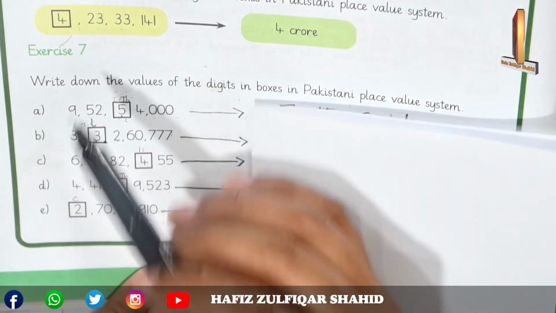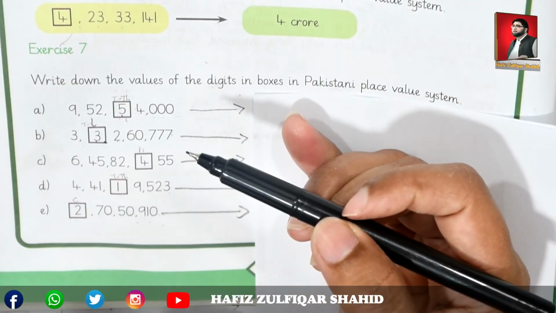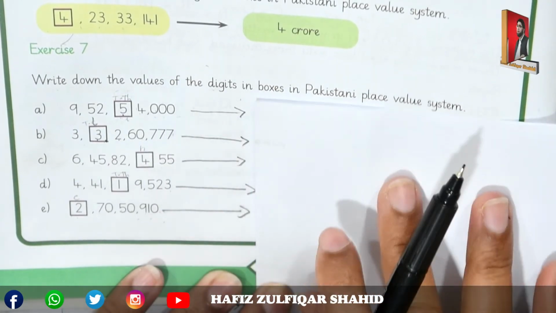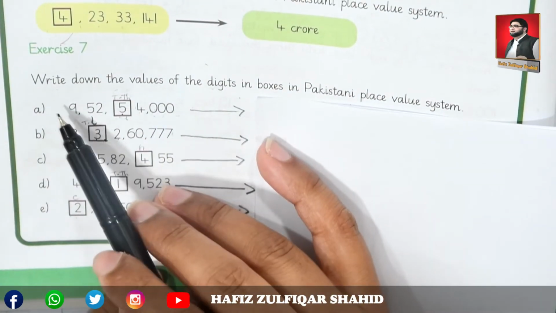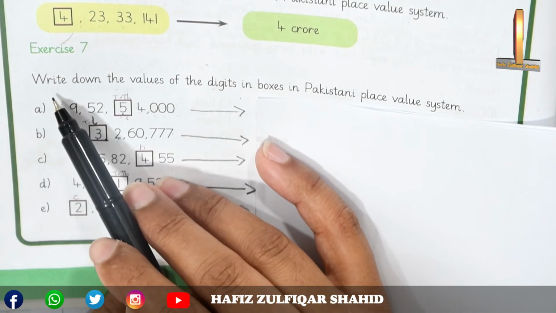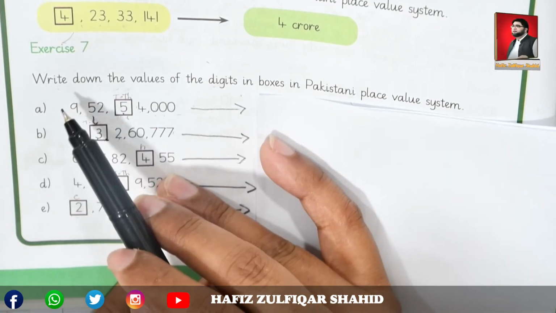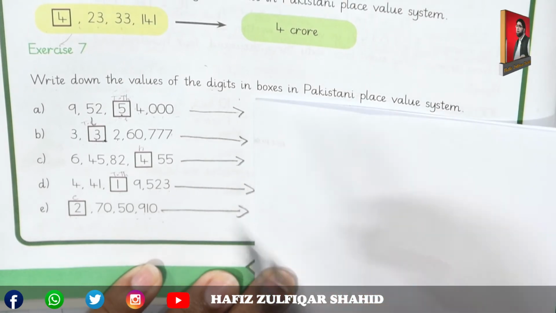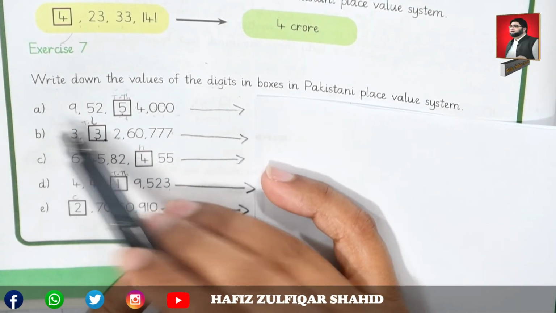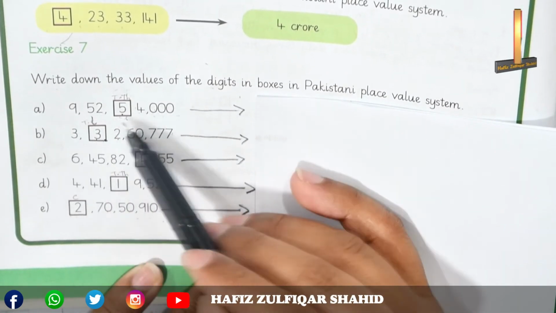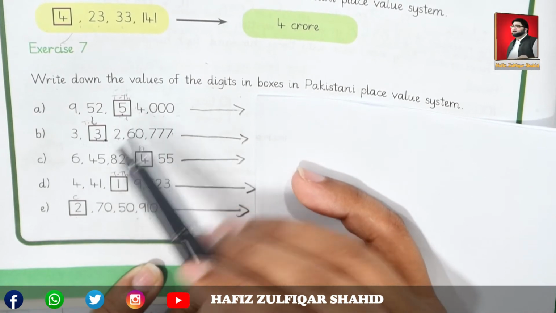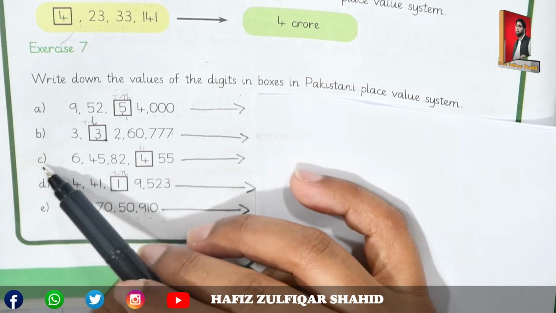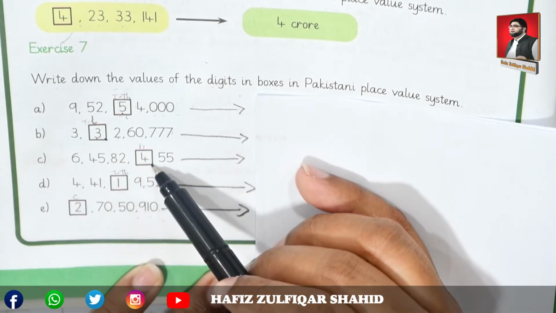Okay, students, let's start exercise 7 on page number 8. What we have to do here, we have the statement asking to write down the values of the digits in boxes in the Pakistani place value system. You can see here in A part we have 5 in a box, B part we have 3 in a box, same in C part we have 4.